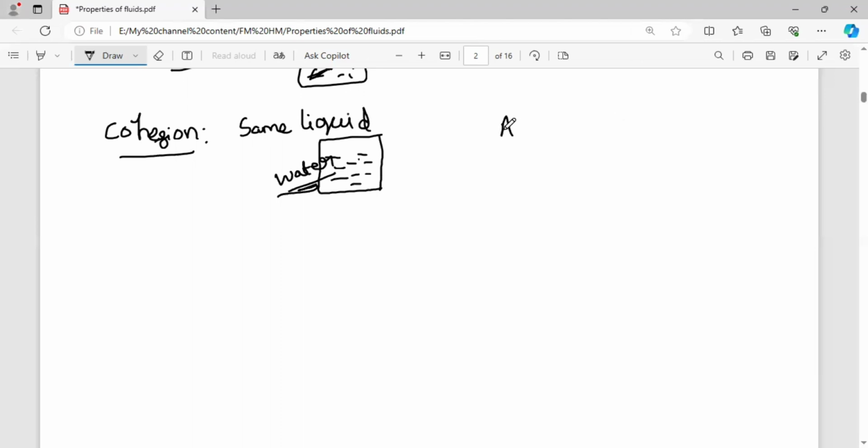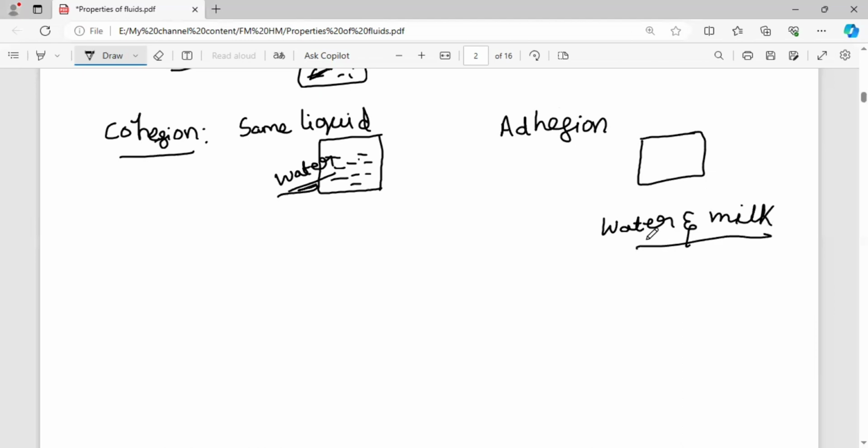Next, another property is adhesion. Adhesion means the force of attraction between the molecules of different liquids. Suppose two liquids in a vessel, water and milk. If you combine these two liquids, the molecules are attracted together. Or if you combine oxygen gas and hydrogen gas, the molecules will be attracted together.